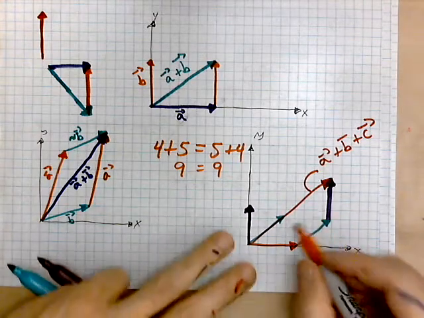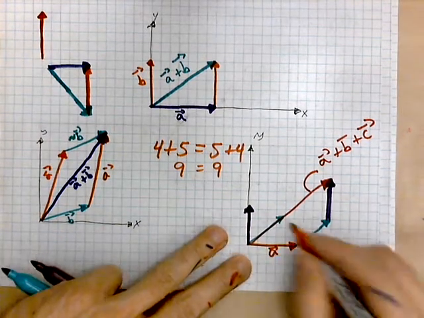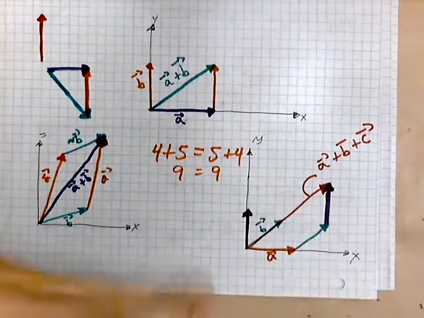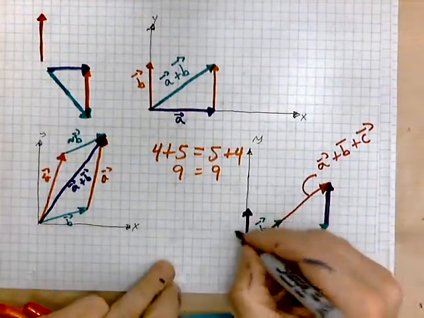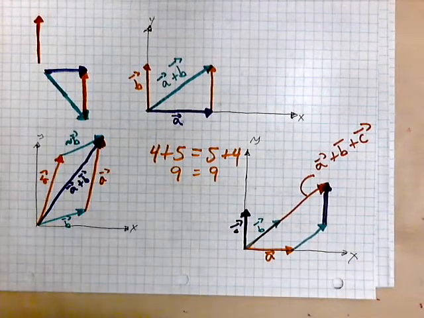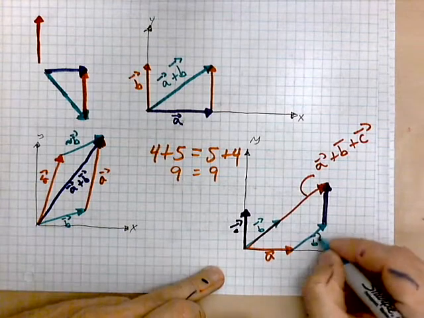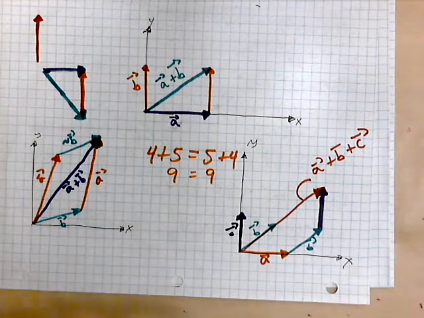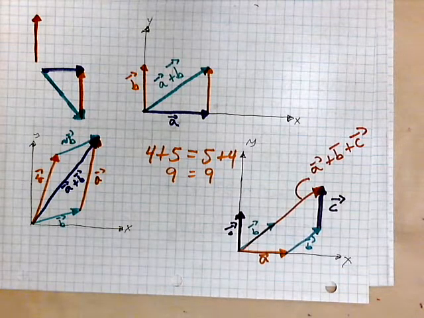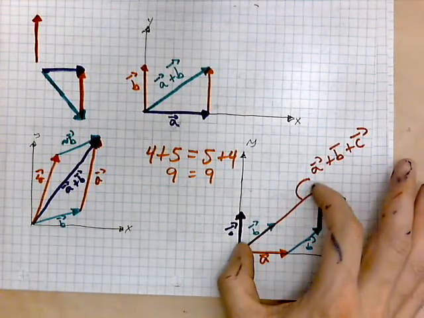The orange one we can take as A, the blue one we can take as B, and the purplish one we can take as C. So now we have A plus B plus C. And the result is this vector right here.